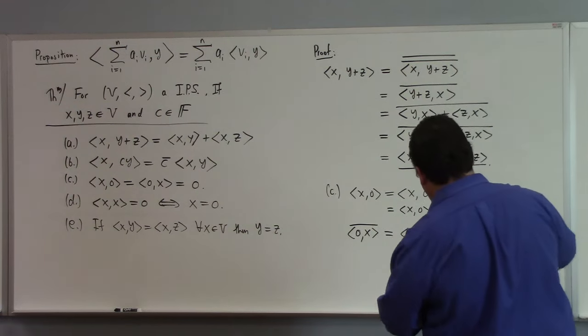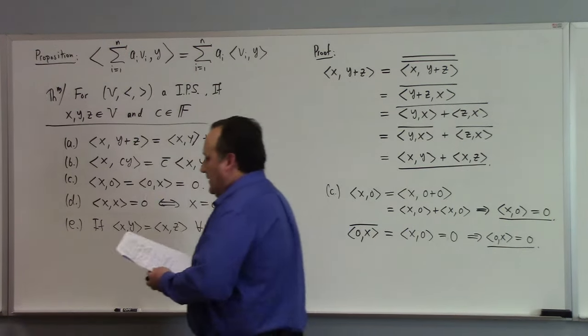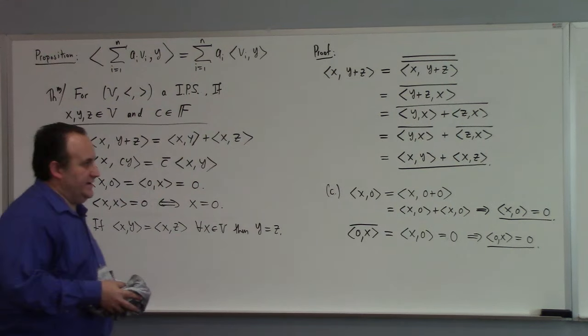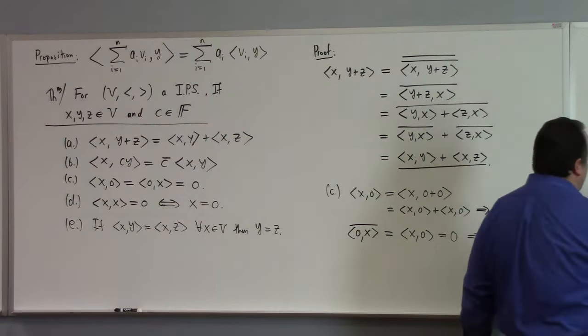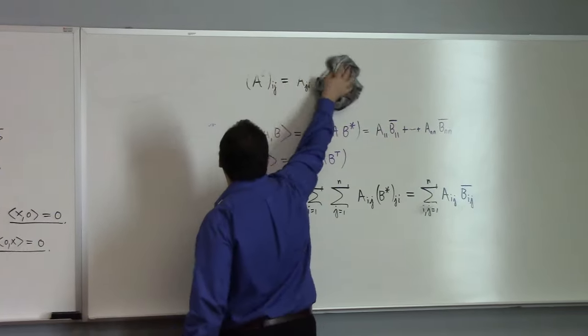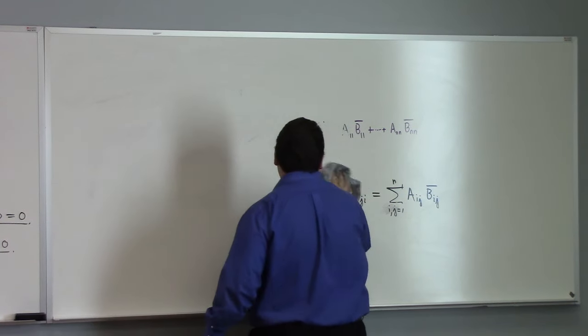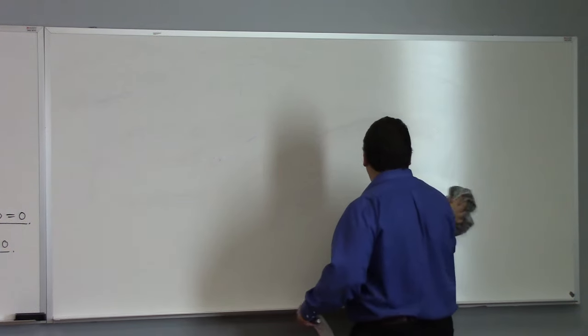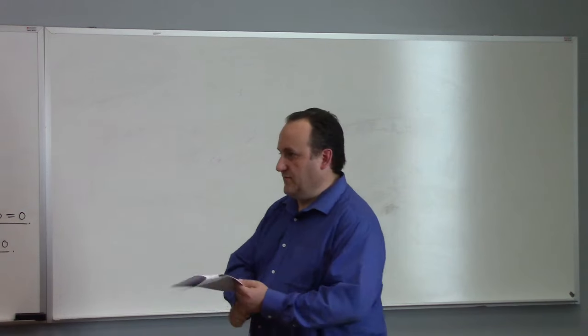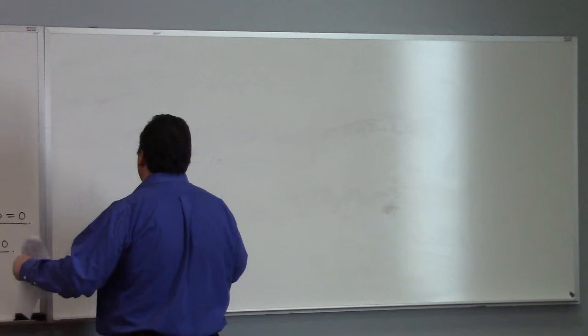From every inner product, we can define a notion of vector length. All right? And that is called the norm, or simply length. The length of a vector, or the norm of a vector, in an inner product space, we can define using the inner product. Here's how it goes.